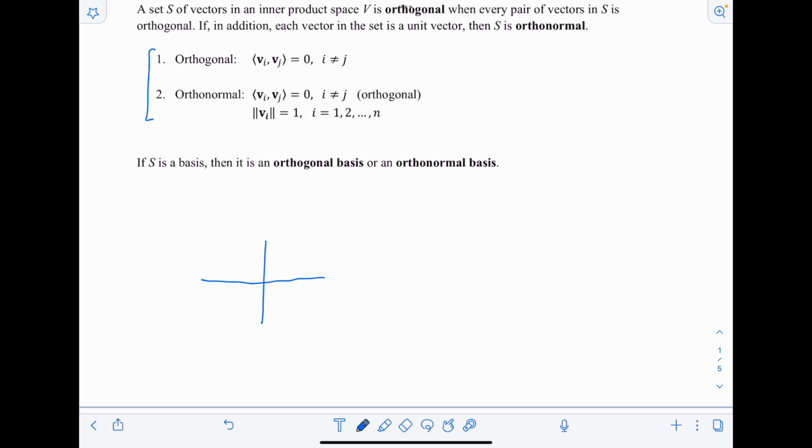We know in R2 that we could have a vector on the x-axis, we could have a vector on the y-axis, and if those have a length of 1, then clearly they're perpendicular, so they're orthogonal, and they're unit vectors, so that would be an example of an orthonormal basis for R2. Let me write that out. Basically, the set (1, 0), (0, 1) would be an orthonormal basis.